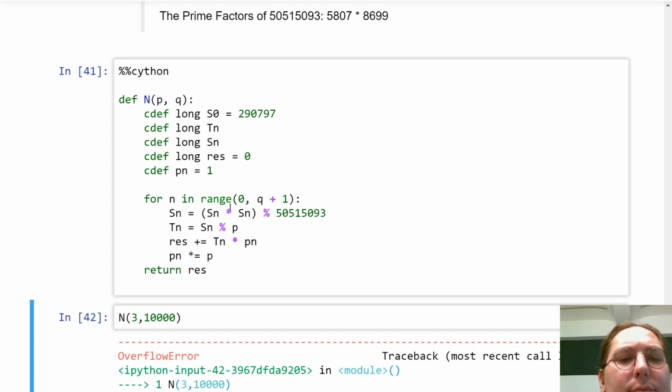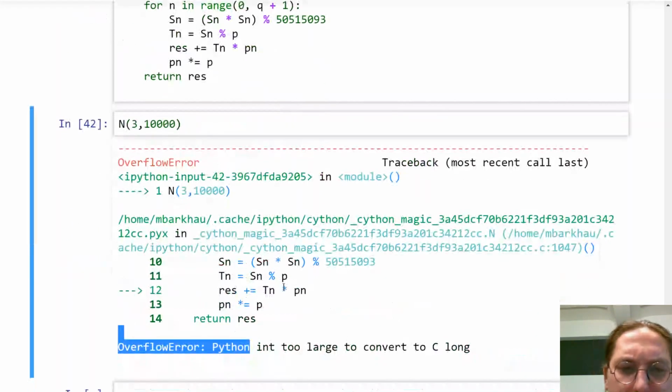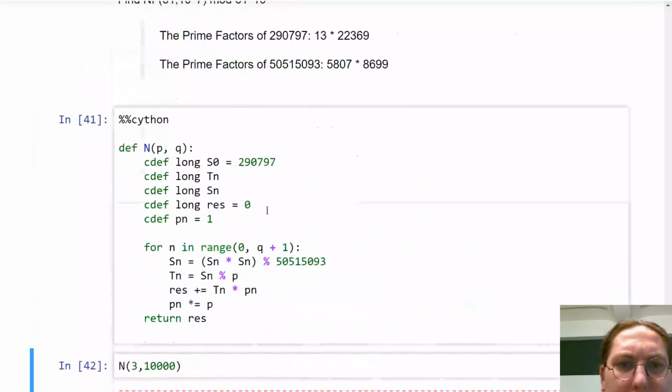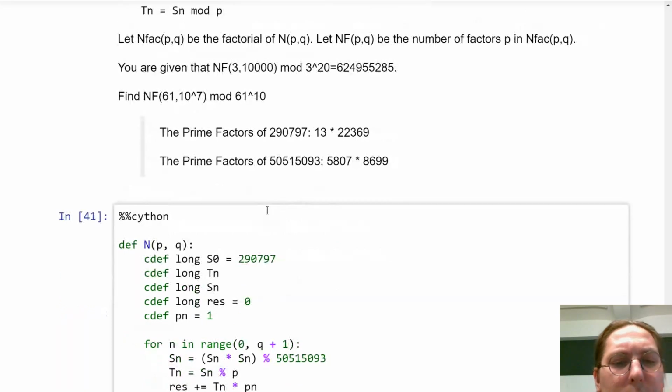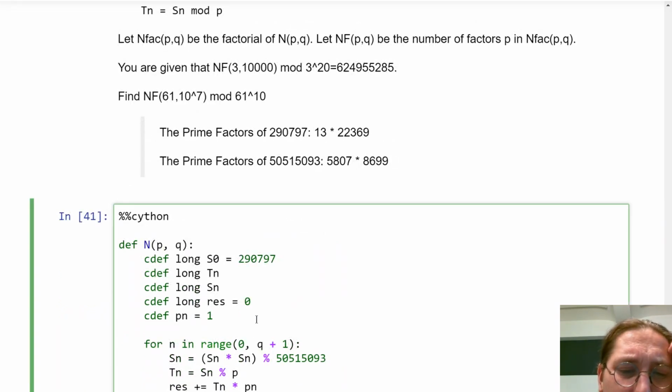That means more than 10 to the 10th. We need even to do the factorial next to that number. So the result is that large? It's more than 3 to the 20th. It's a mod 3 to the 20th, so it is a multiple of 3 to the 20th plus this.